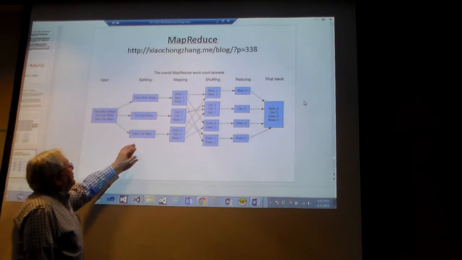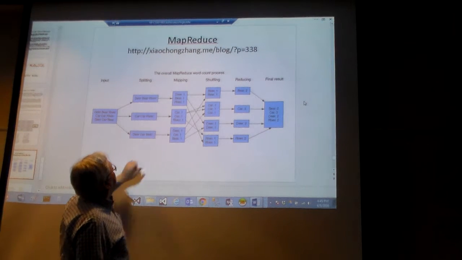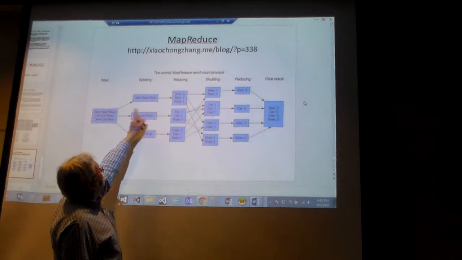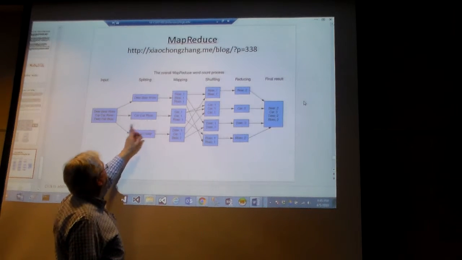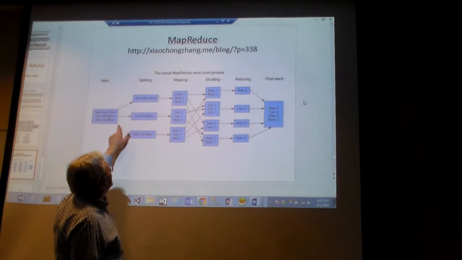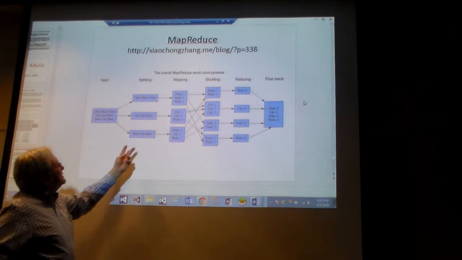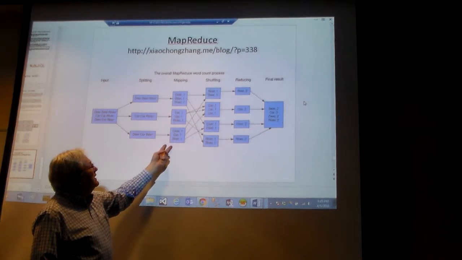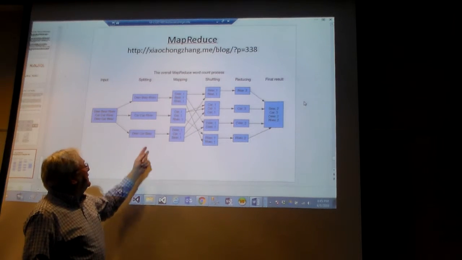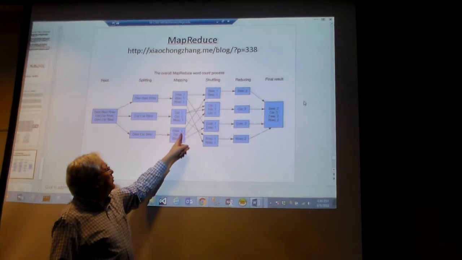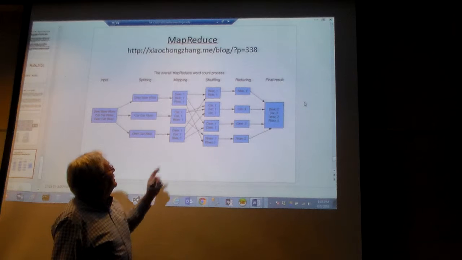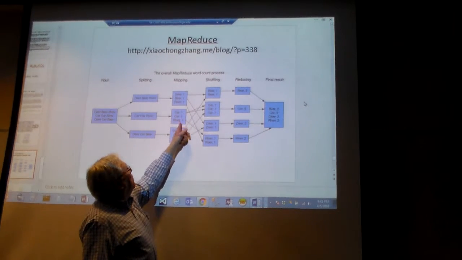So now you have 3 computers that are getting a feed. Now, I've only shown one piece of data each, but you have to imagine these are getting feed after feed after feed, right? And then they map it, which means they tear the data apart and they start counting. Say, this record has 1 deer, 1 car, and 1 bear. And this one says, I had 1 car, okay?